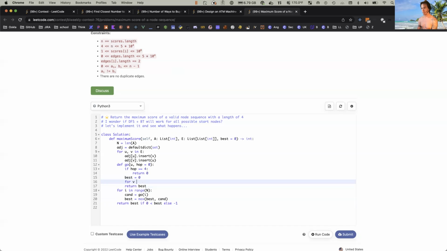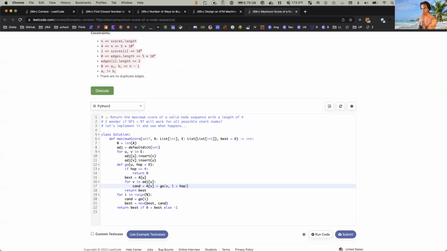For v adjacent to u, score v can equal the score of v, which is A sub v, plus best, which is A sub u, plus go v with hop plus 1 at the next hop.